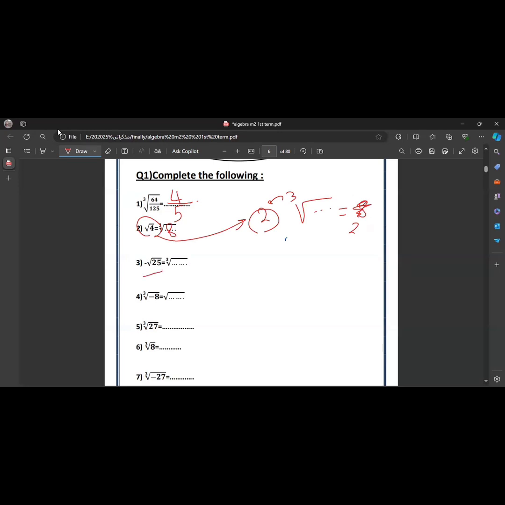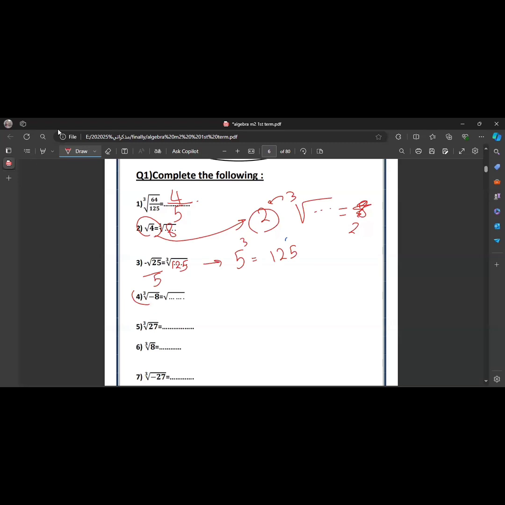Negative square root of 25. By using your calculator, it can give you 5. And here 5 power 3 equals 125. So we write inside the cubic root 125.